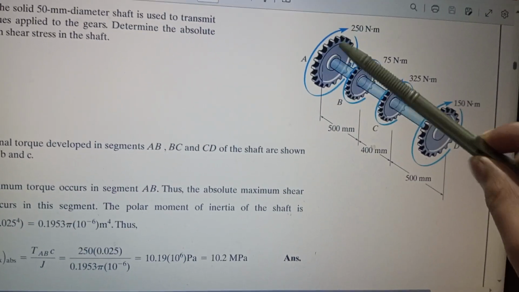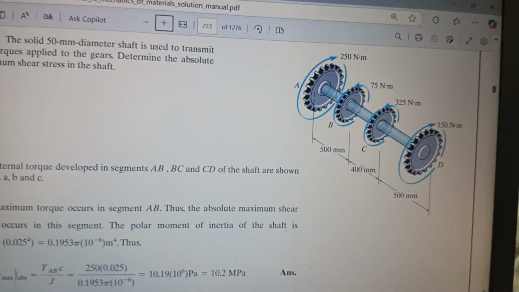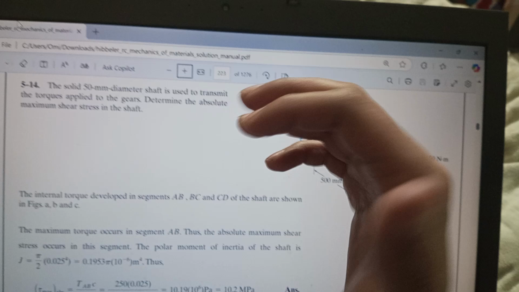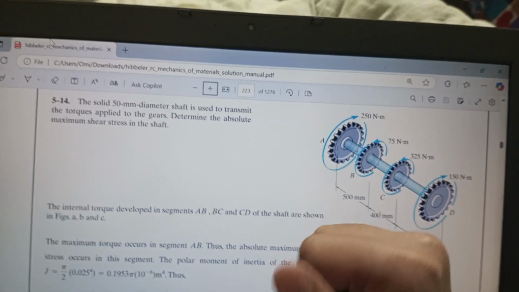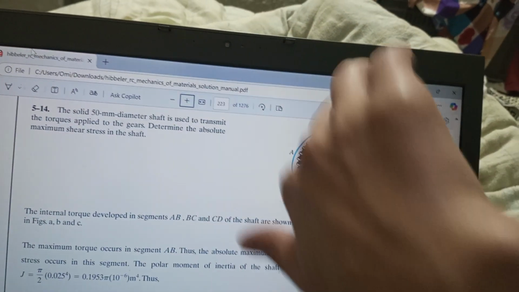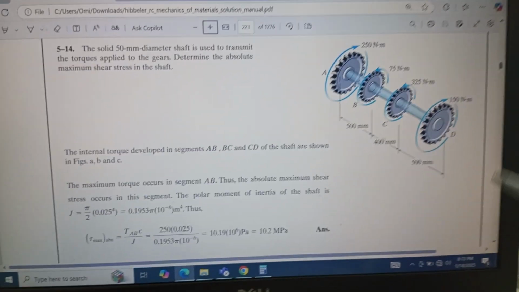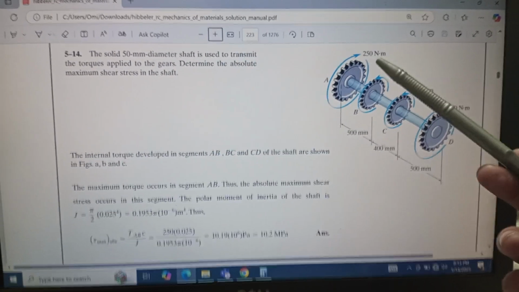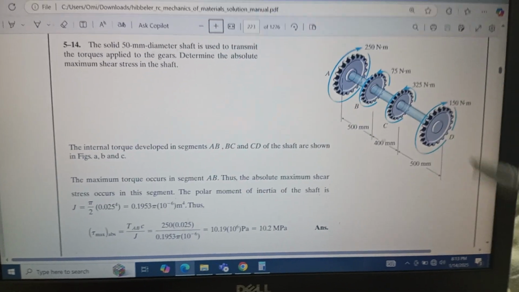If you put the pen here, and your right hand curls, if the thumb is in your direction, it is positive, and if the thumb is in the inward direction, into the diagram, it is negative. But in simple assumption, we call clockwise negative and anti-clockwise positive.